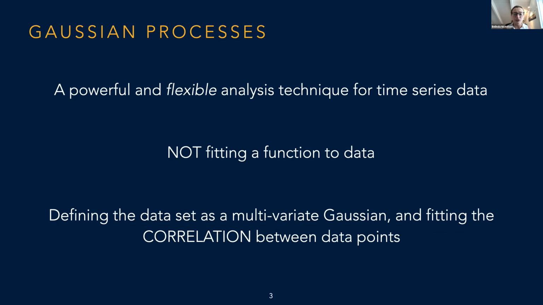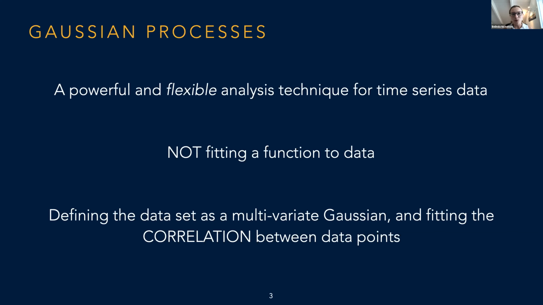Among other things, they're very useful for any sort of correlated data, but particularly in astronomy, it's useful for time series data. Now, I'm not going to go into a lot of detail about Gaussian processes. There are some wonderful resources out there, and some great talks by people that you can find online that will explain the nitty-gritty of Gaussian process regression and exactly what it is.